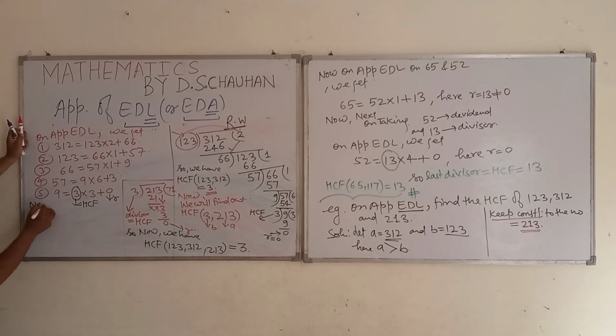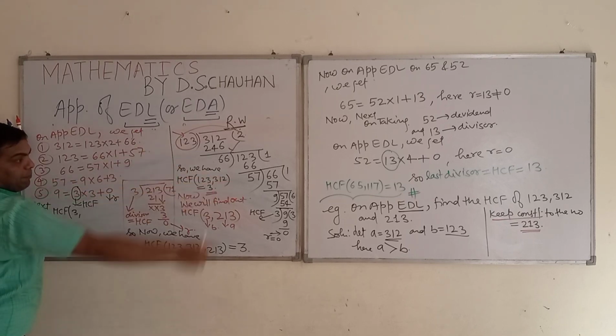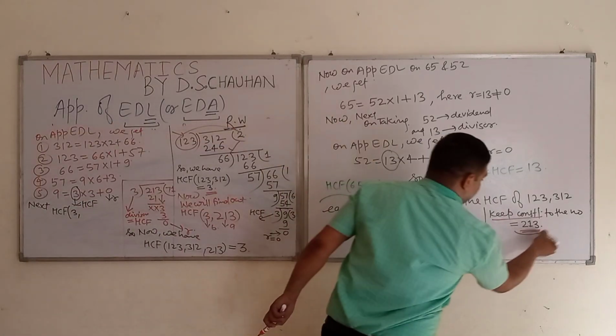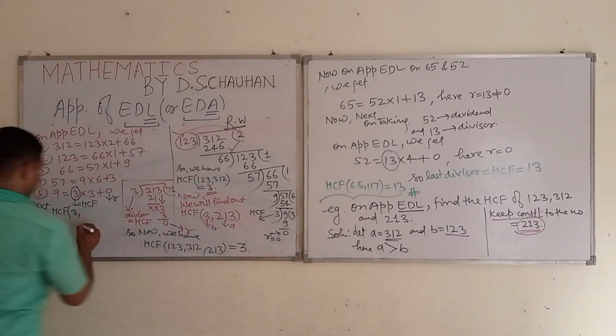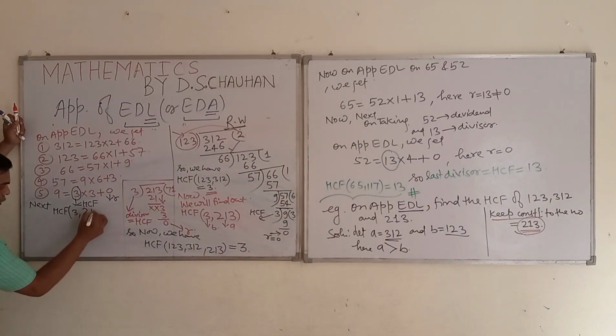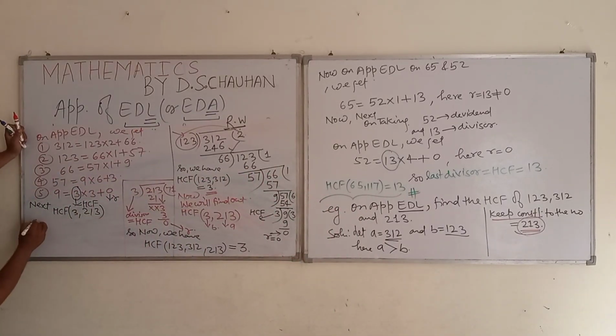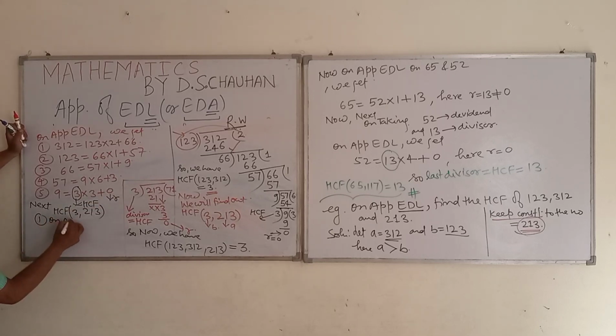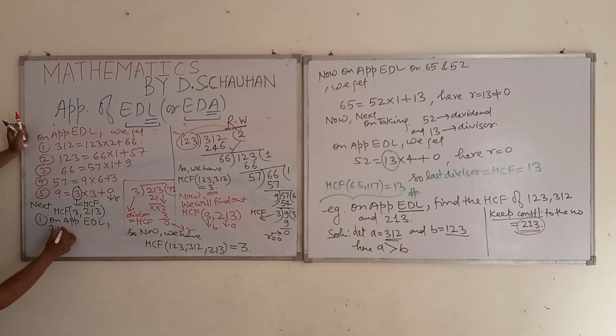Next, the HCF of 3 and the remaining number, it is here 213. So what could it be? The process for this, on applying Euclid division lemma, we have 213 equal to 3 into 71 plus 0.